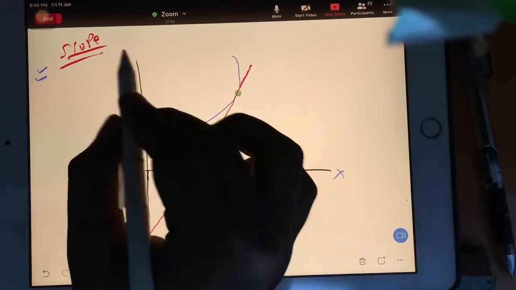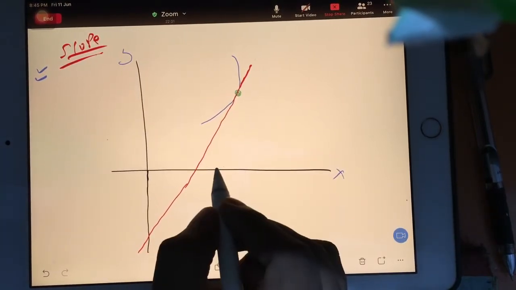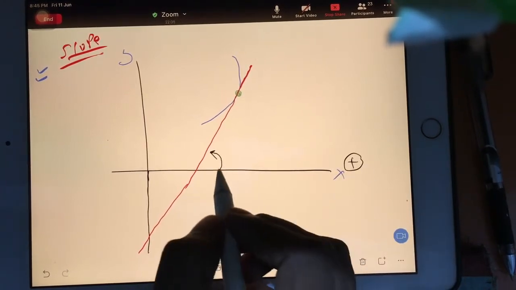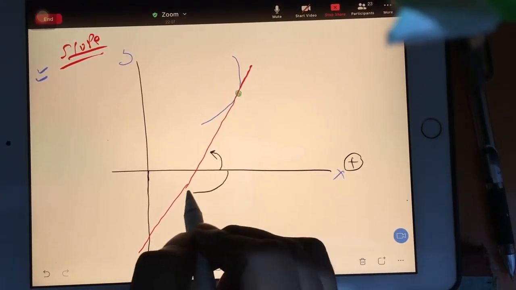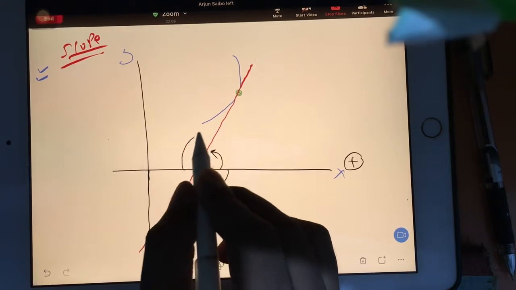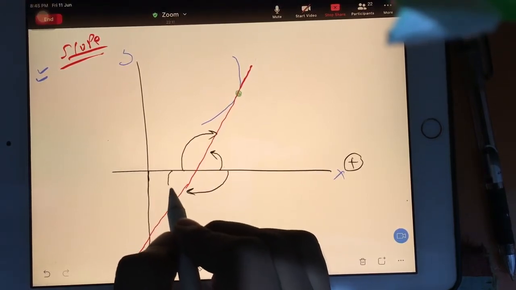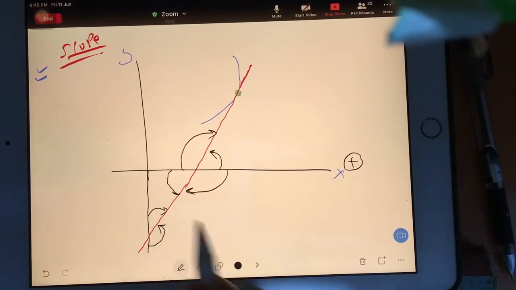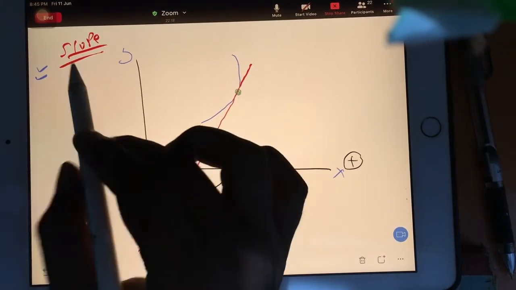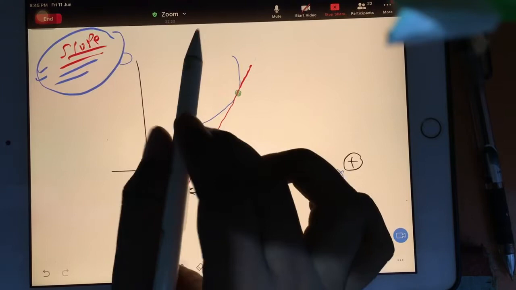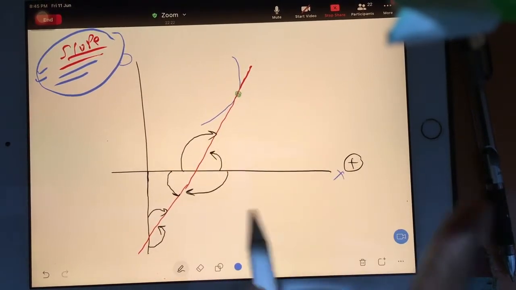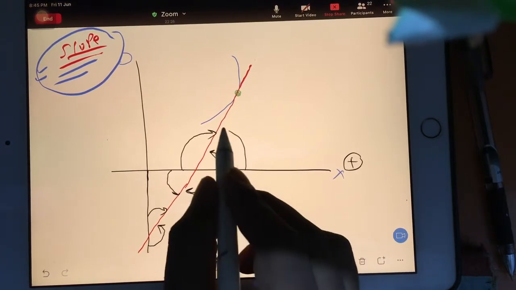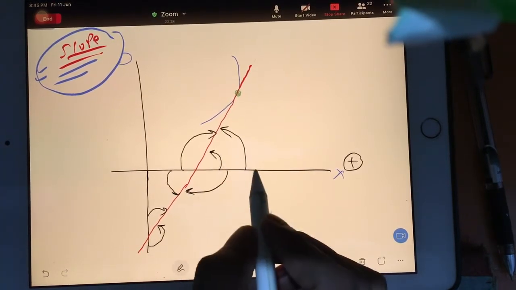This is the x-axis, this is the y-axis. It makes an angle from the positive x-axis, and also angles from the y-axis. But to define slope, you need the angle which is made from the positive x-axis anti-clockwise. Means only this angle. You need only this angle.